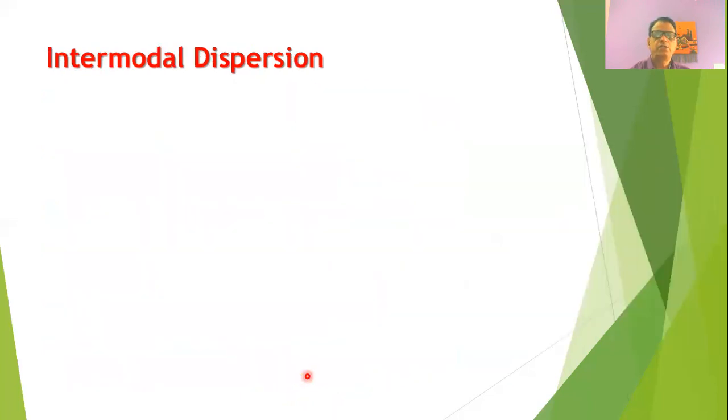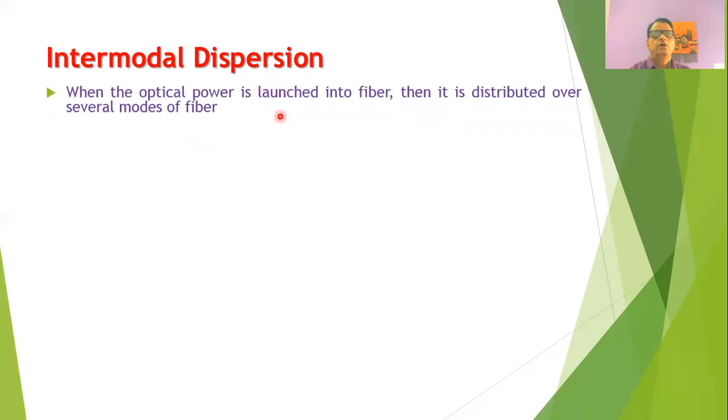Now, as far as this session is concerned, we are going to discuss the intermodal dispersion, and we will obtain the expression for the intermodal dispersion. When the optical power is launched into the fiber, this optical power is distributed over the different modes of the fiber.